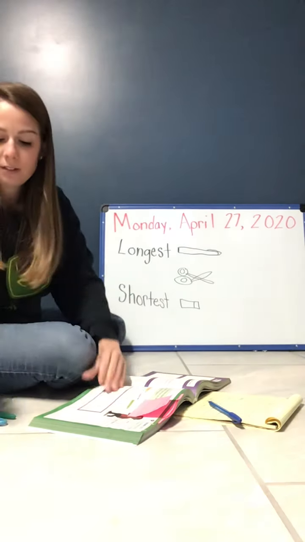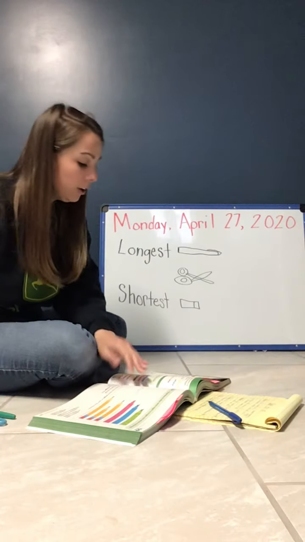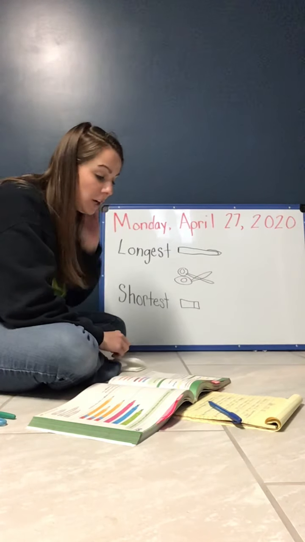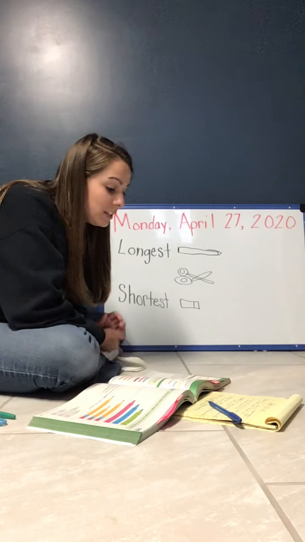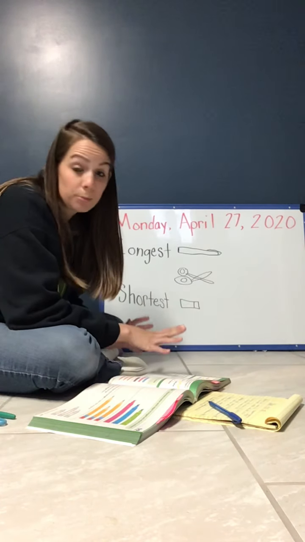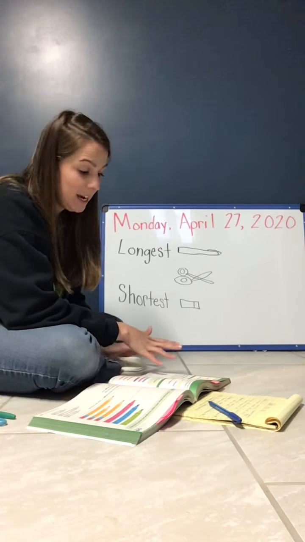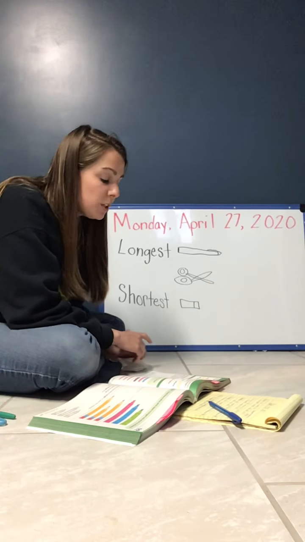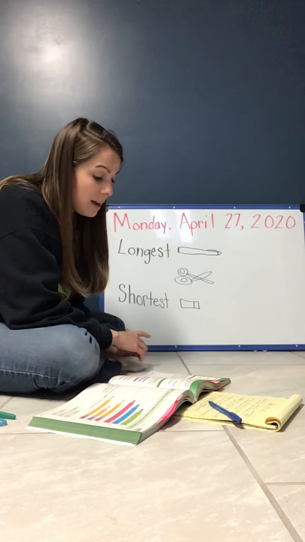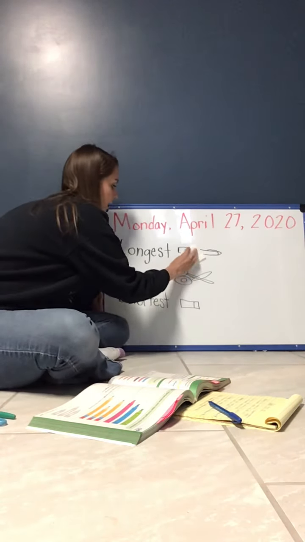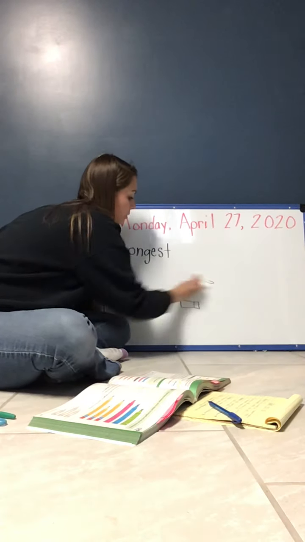So let's turn our page and look at the top of page 688. It says you can put these worms, they have little worms drawn on the page, in order by length. Now, this is what it looks like. Let me show you.